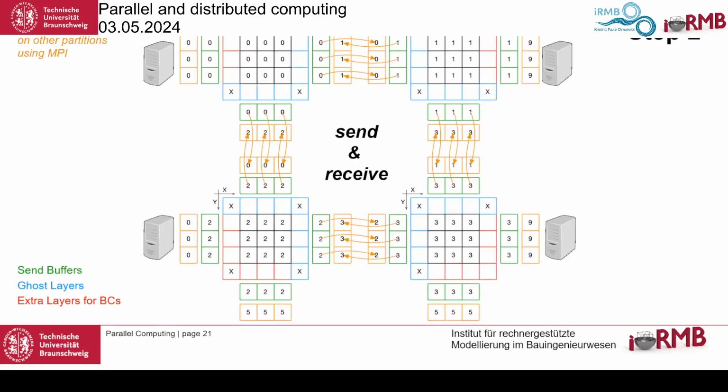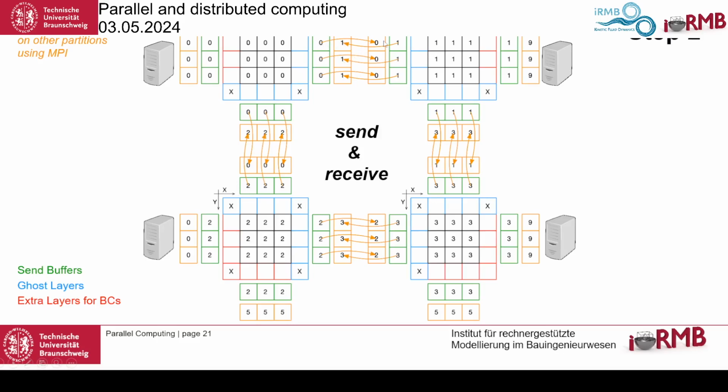Then you also get a receive buffer here all around your system. So you do the sending to your neighbor and the receiving from your neighbor, sending and receiving, right?